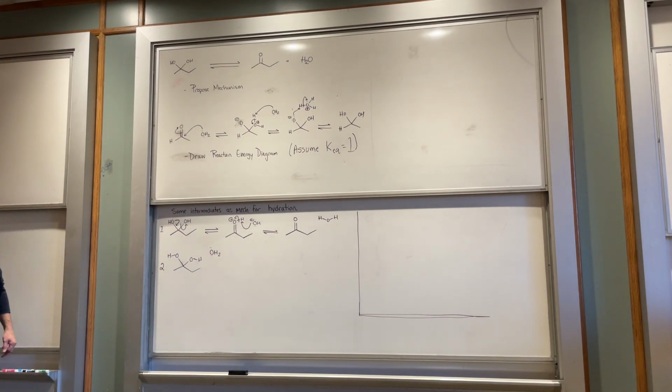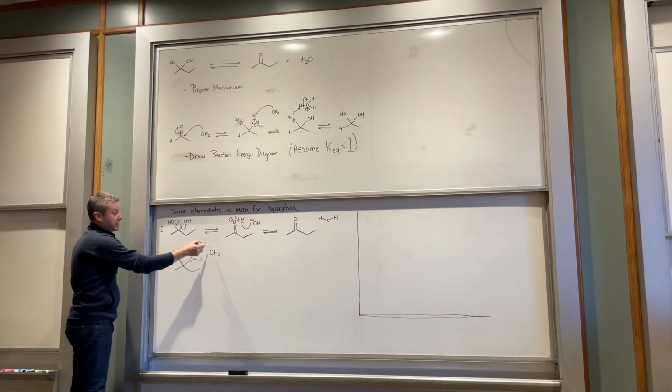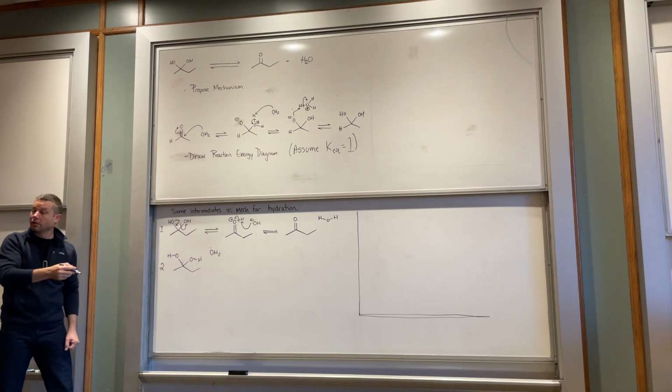So remember the second mechanism that we went over when we're thinking about the hydration, there's going to be a molecule of water involved in shuttling a proton between two different oxygens, because this process cannot happen intramolecularly, it has to happen intermolecularly. And so we're going to use that same molecule of water when we draw the second mechanism.